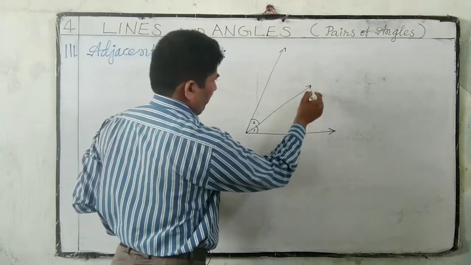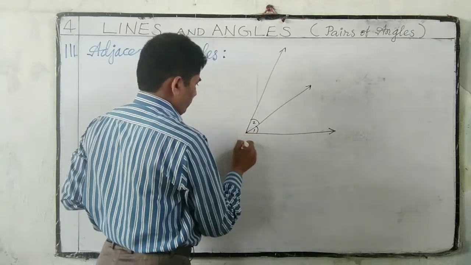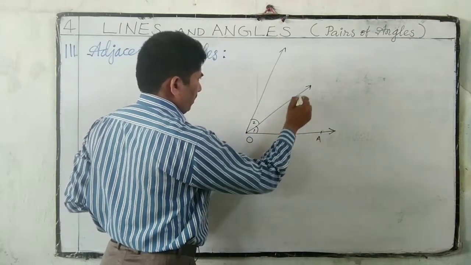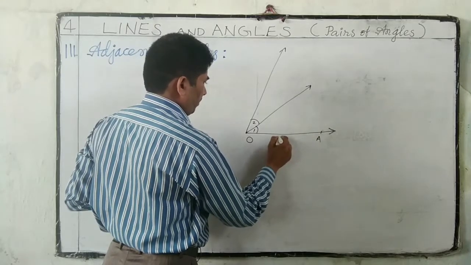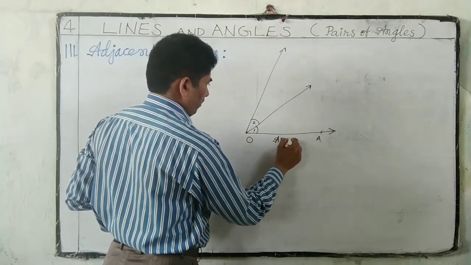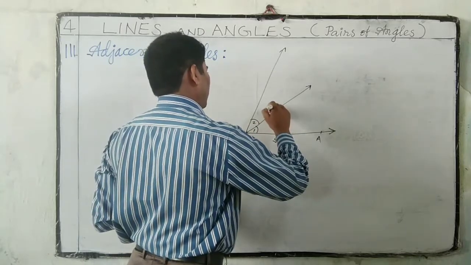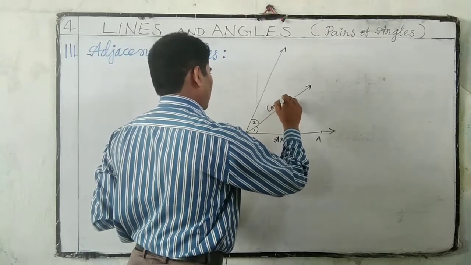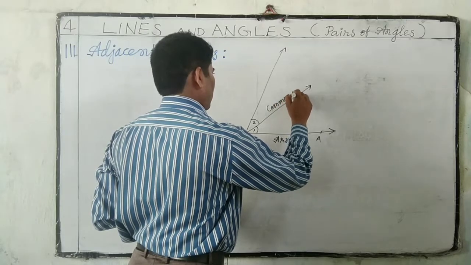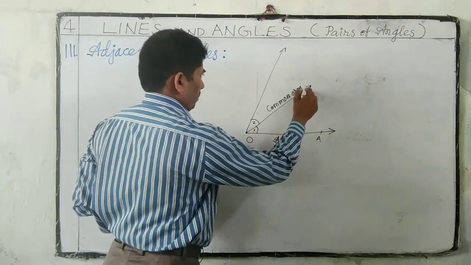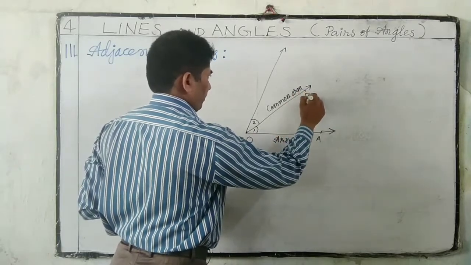These two angles have OA, this is OA arm. OB is the common arm.